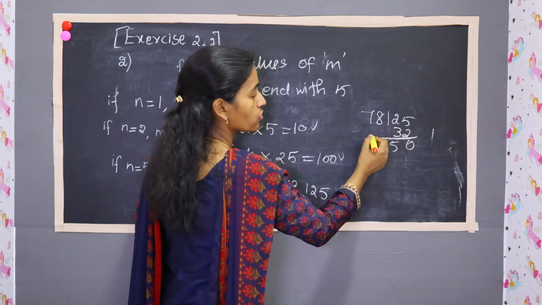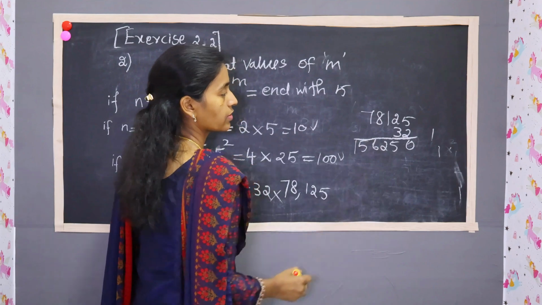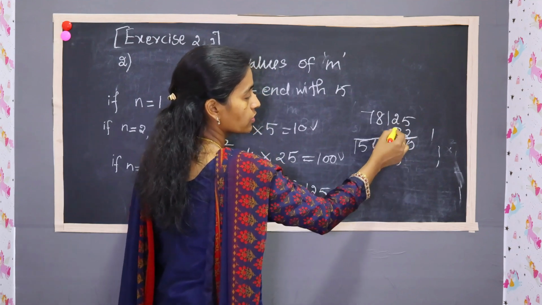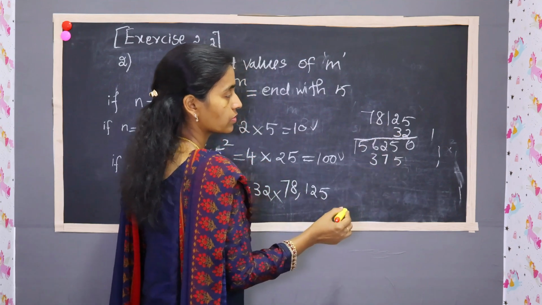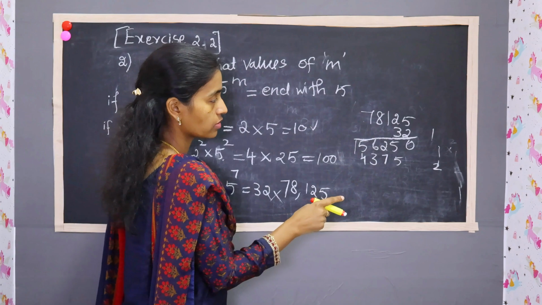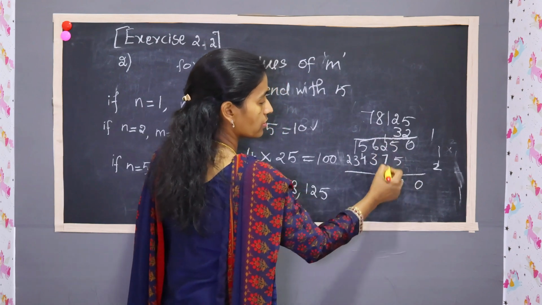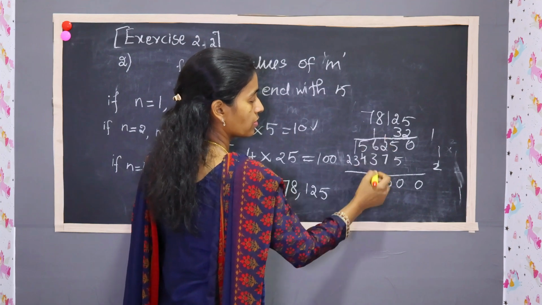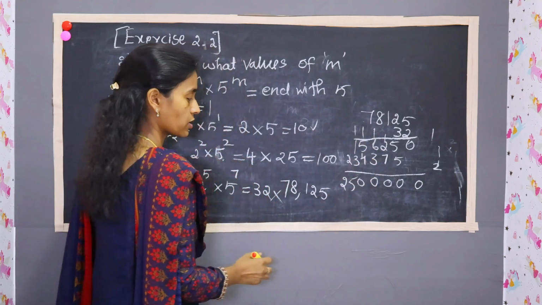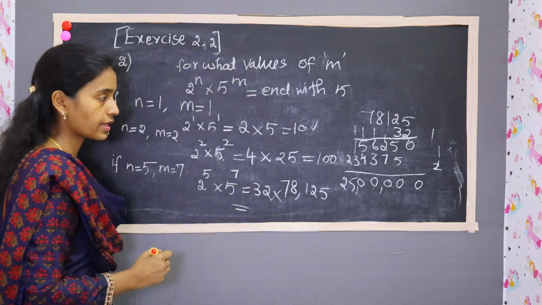Continuing the multiplication step by step, this much number I am getting, right? So here it is 25 lakhs.